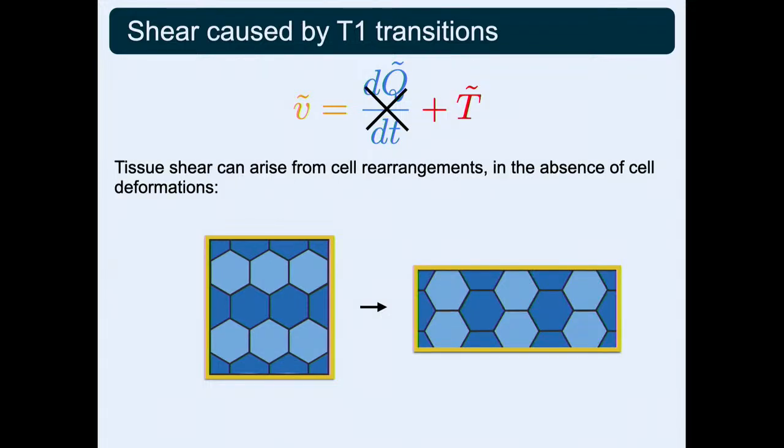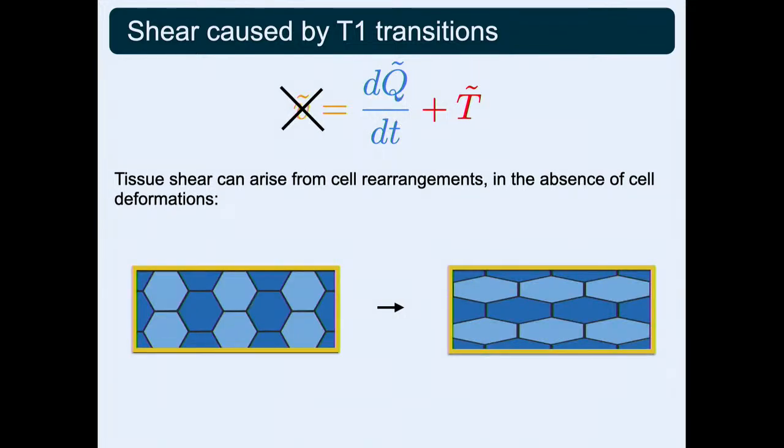On the other hand, I can have these cells rearranging in such a way that this individual cell shape has not changed, but because of the rearrangement, because they are exchanging position, this has extended. I can also have a situation where the cell elongation is exactly cancelled by the deformation due to T1 transitions or topological changes, and that is this case, where the overall tissue has not changed.